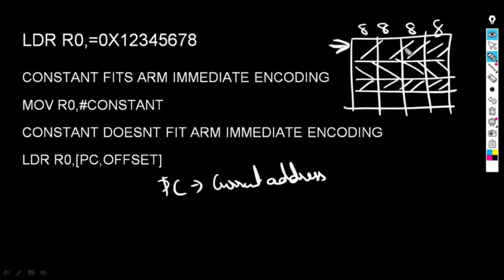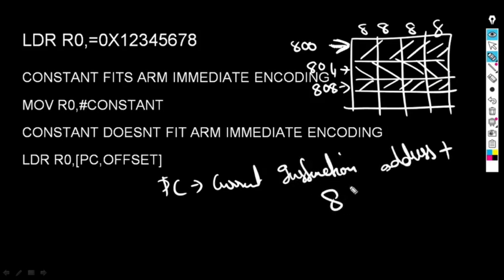If this is the first instruction at, let's assume, address 800, then while this current instruction is getting executed, the instruction at location 804 will already be in the decoding stage, and the instruction at location 808 will be currently getting fetched, because of which PC will have the current instruction address plus 8.